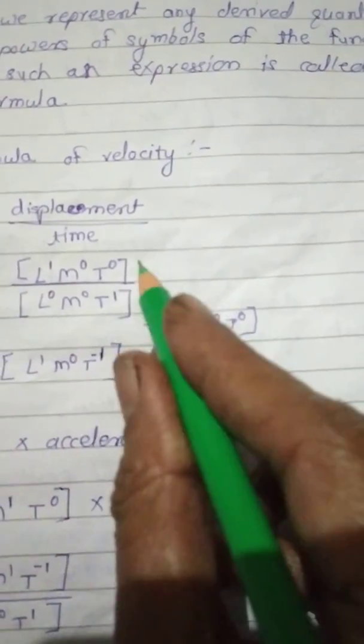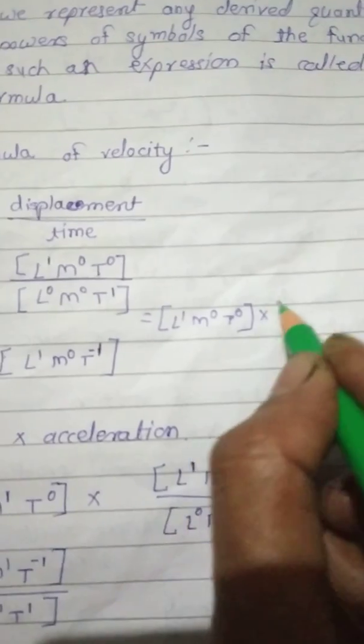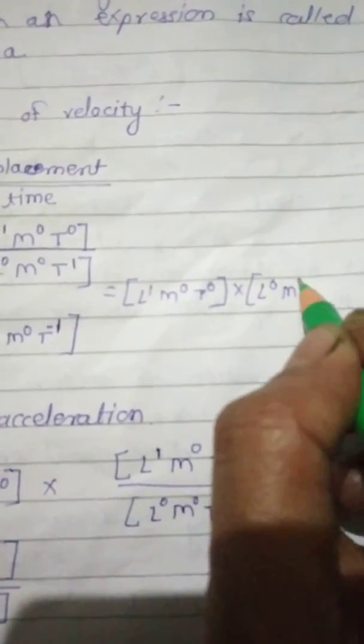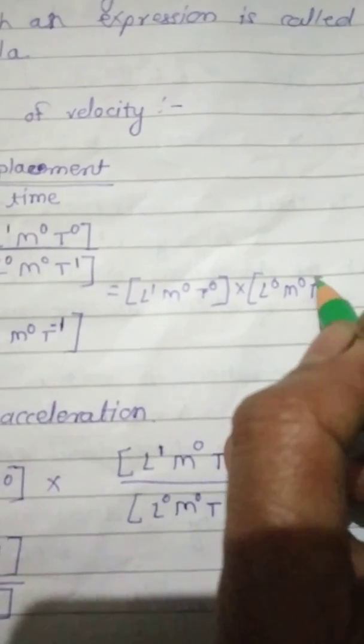And the inverse quantity, meaning the denominator quantity, is written in the form L0 M0 T minus 1.